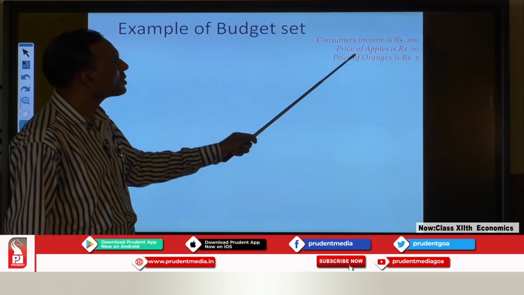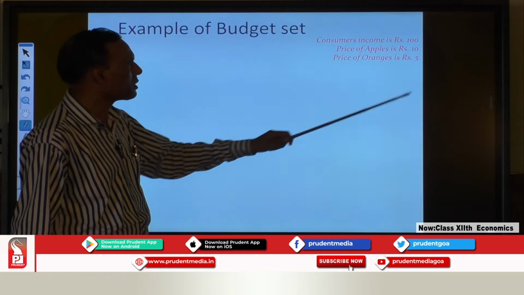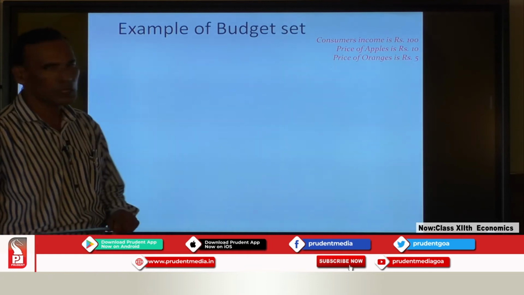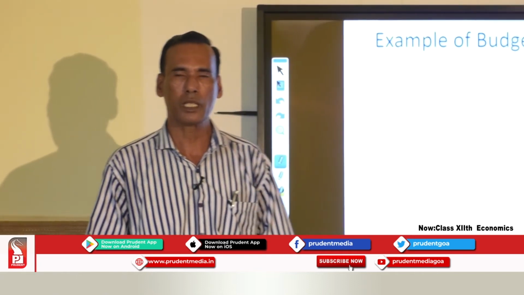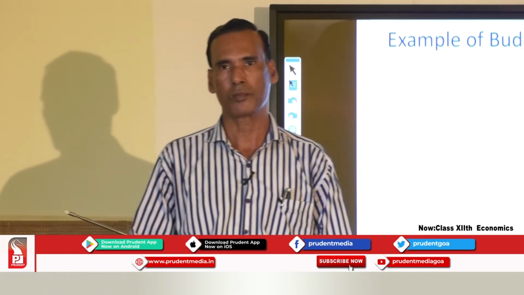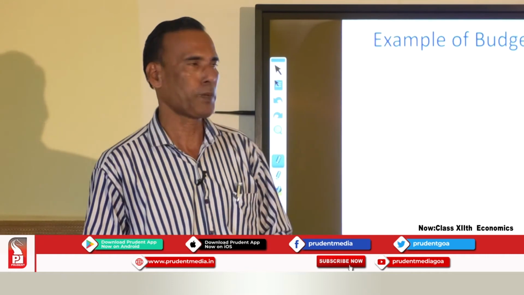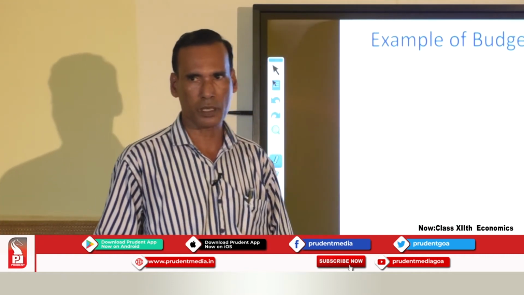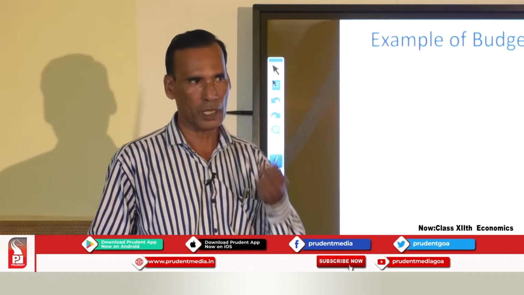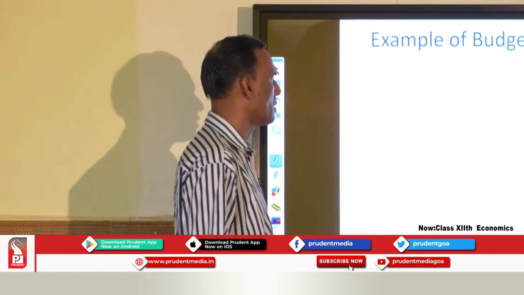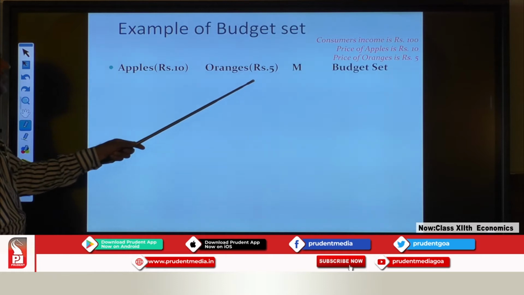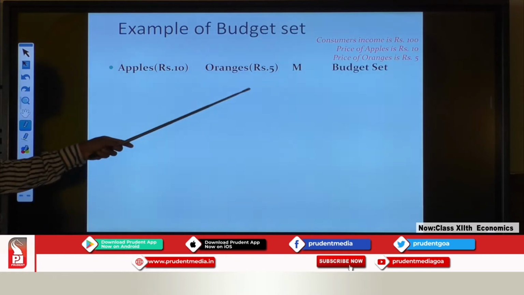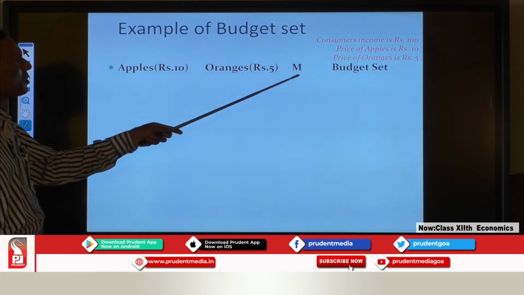Consumer's income is 100, price of apples is 10, price of oranges is 5. Now here we need to make a budget set with the prices of the two goods and the income of the consumer. Apples costing 10 rupees, oranges 5 rupees.